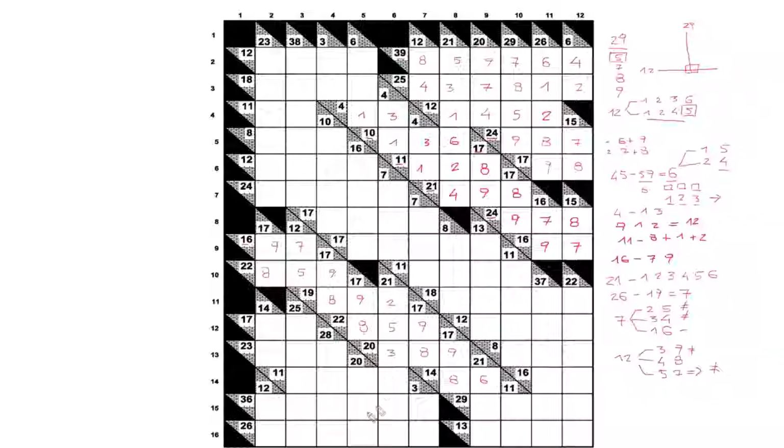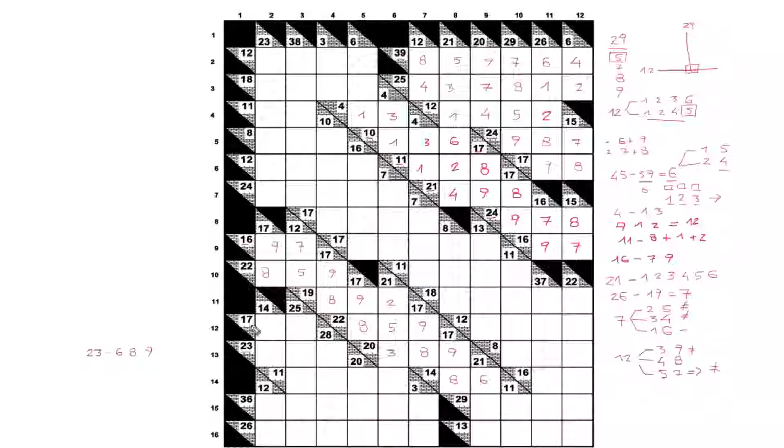Okay, now in this position here, what about number 23? There is only one combination to make number 23 with 3 numbers, and this combination will be 6 plus 8 plus 9.